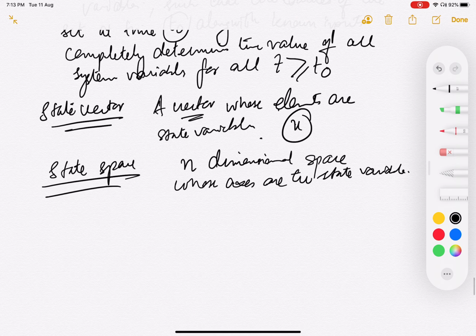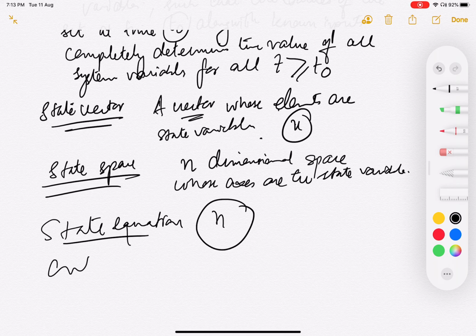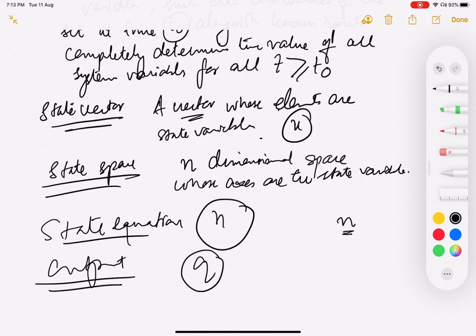And then we have the state equations. The definition of state equations we have already seen. These are n first order differential equations, and the output equations are q algebraic equations, where n is the number of state variables, p is the number of input variables, and q is the number of output variables.